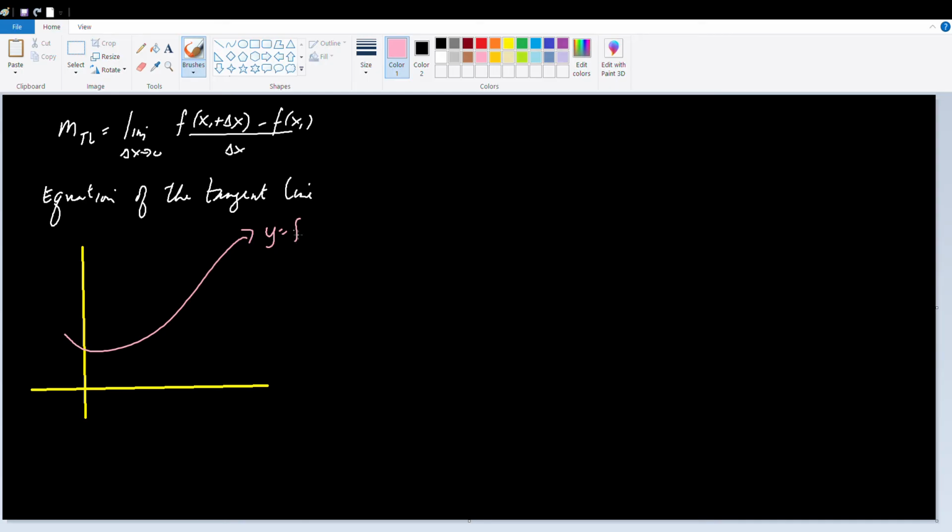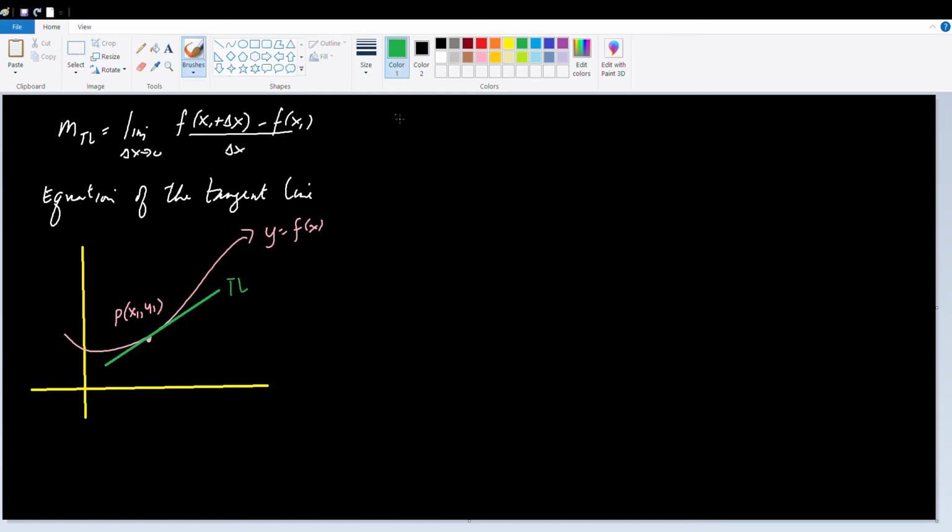So that is y equal to f of x, that is the point P, x1, y1, when we draw the tangent line. Okay. So to find the equation of this tangent line, we will use the point slope form.